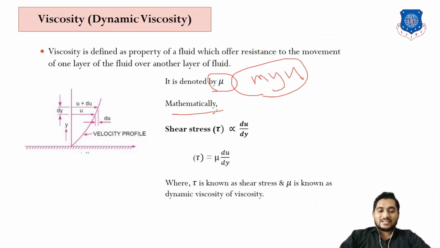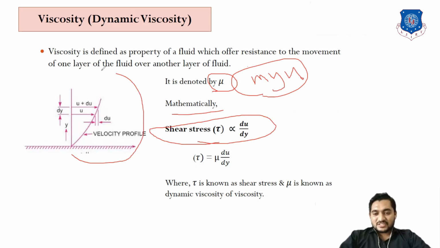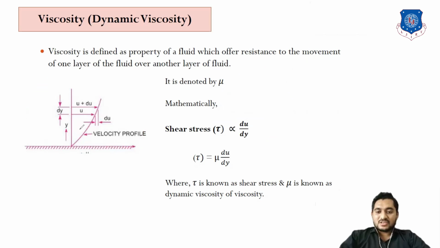So mathematically, shear stress is directly proportional to shear strain. Let us understand this sketch. First of all, here is the surface as shown. At the boundary, velocity will be minimum because at the boundary shear stress will be maximum, and at the pipe center velocity will be maximum because at the center friction is less, so velocity is more.